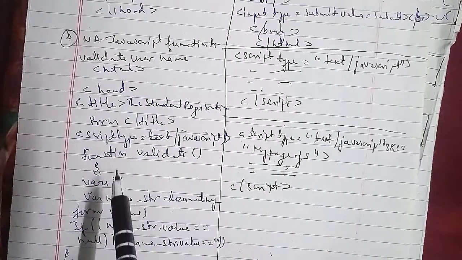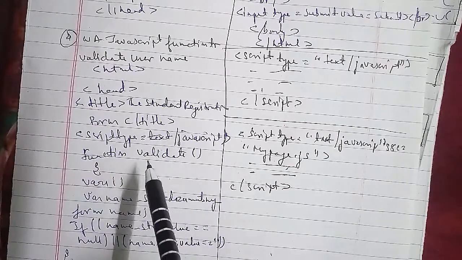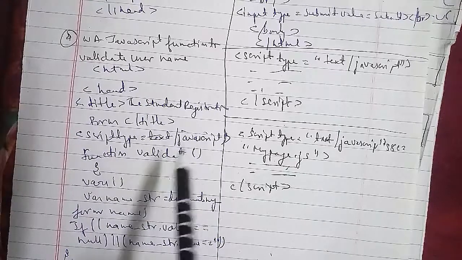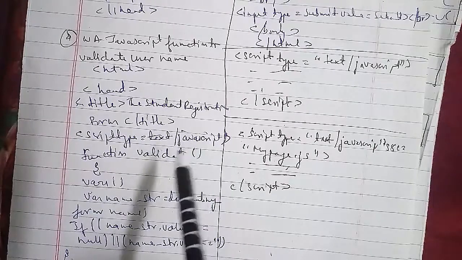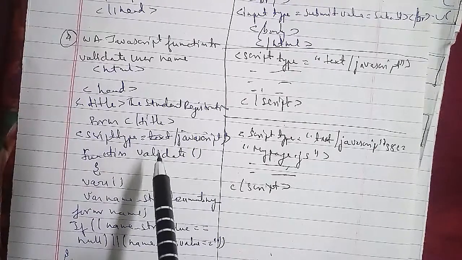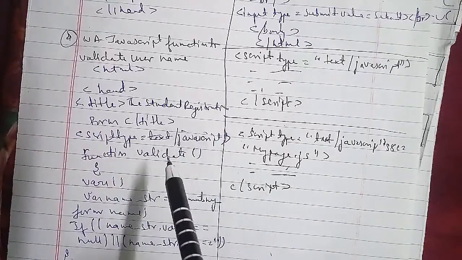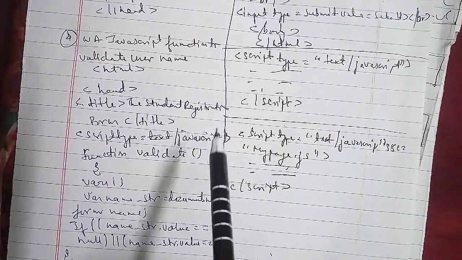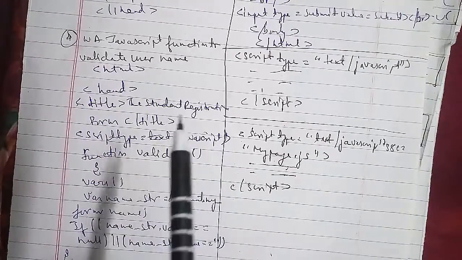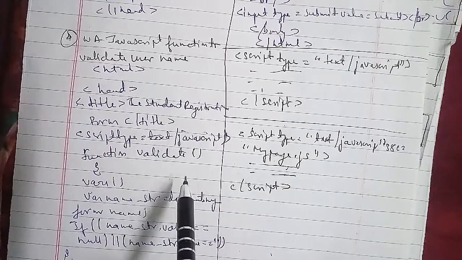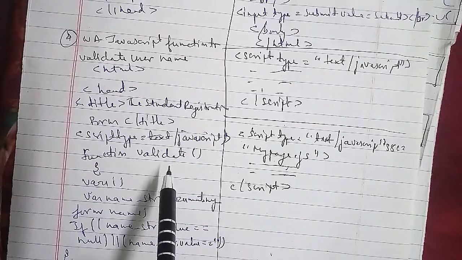Then after that, script type equals to text slash JavaScript, function validate, that is var i, then var name str equals document dot myform dot name.